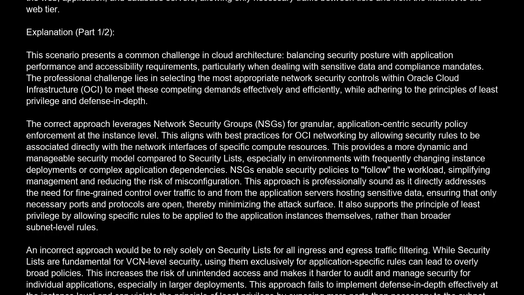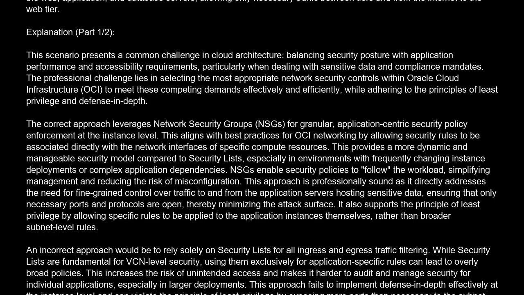This aligns with best practices for OCI networking by allowing security rules to be associated directly with the network interfaces of specific compute resources. This provides a more dynamic and manageable security model compared to security lists, especially in environments with frequently changing instance deployments or complex application dependencies. NSGs enable security policies to follow the workload, simplifying management and reducing the risk of misconfiguration.